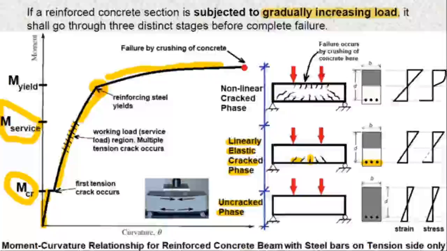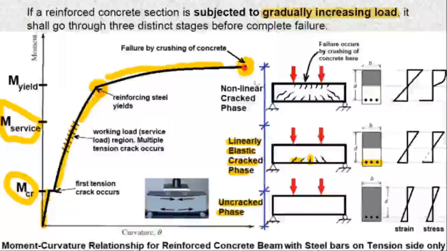So more cracks occur on the tension side, and you see the strain has increased very much on the tension side as well as the extreme compression side. Both strains have gone up, but the strain distribution is still linear. And finally it reaches a point where the concrete crushes.